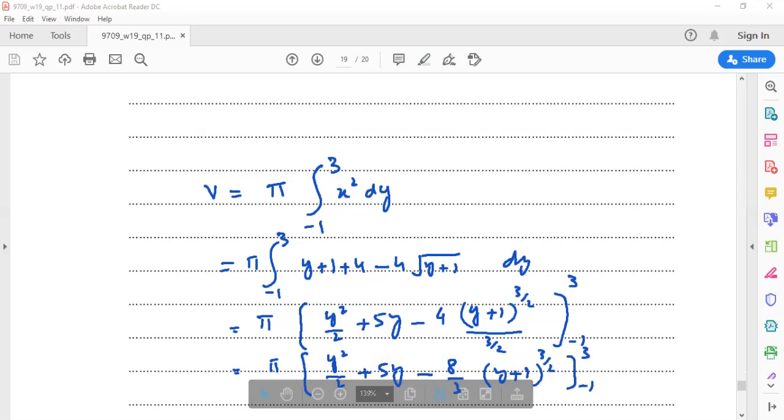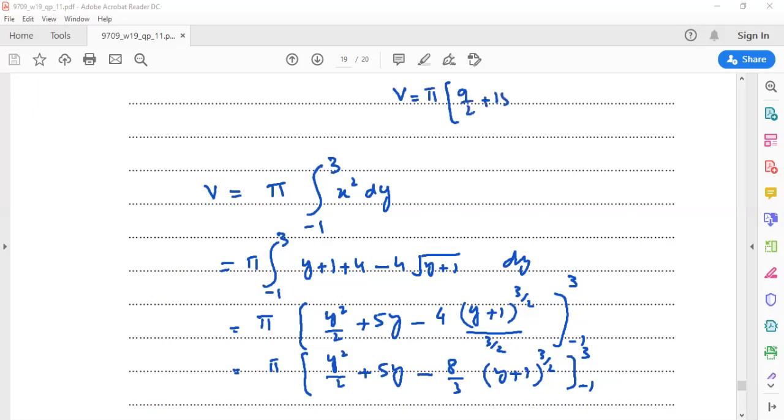So when we place the value 3 here, what do we get? 9 by 2 plus 15 minus 8 over 3 into 8, minus.